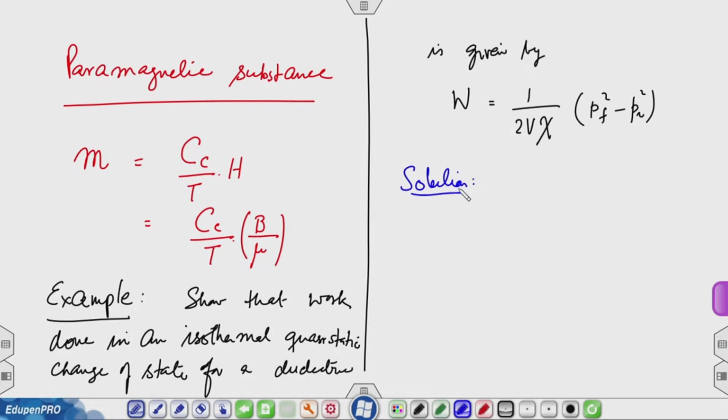So, the answer is quite simple to get, because I know that dW is the electric field times dP. This we had obtained yesterday.